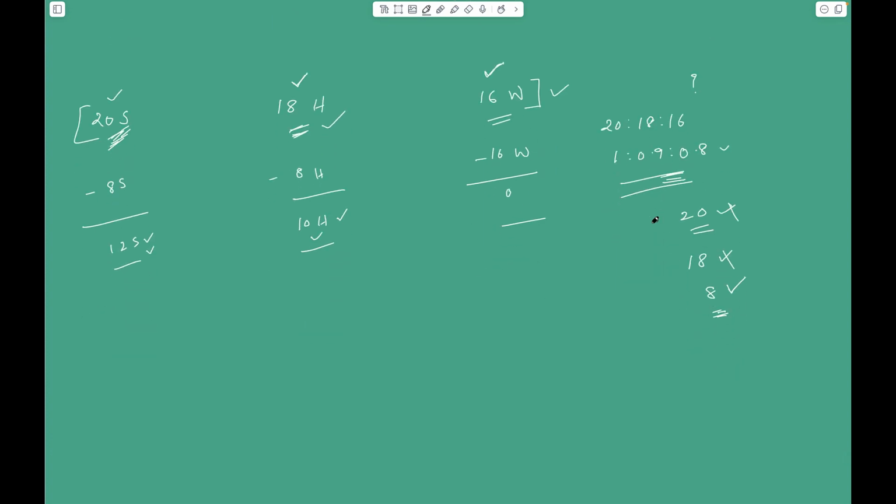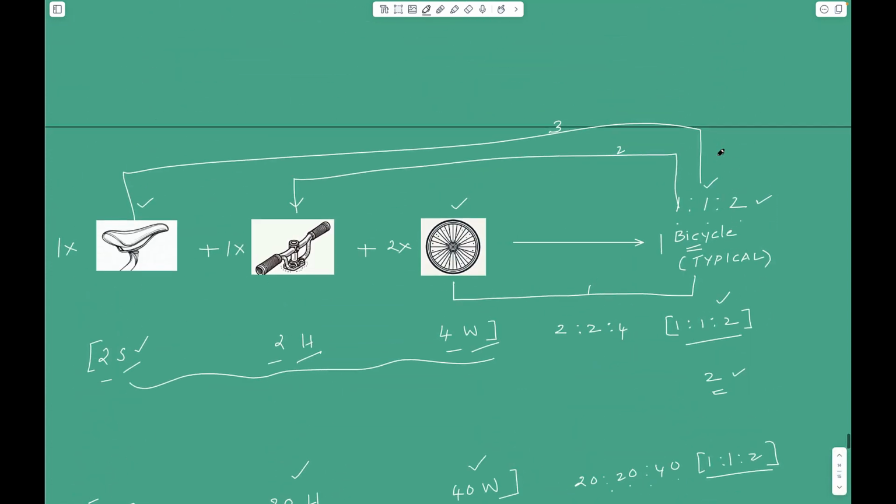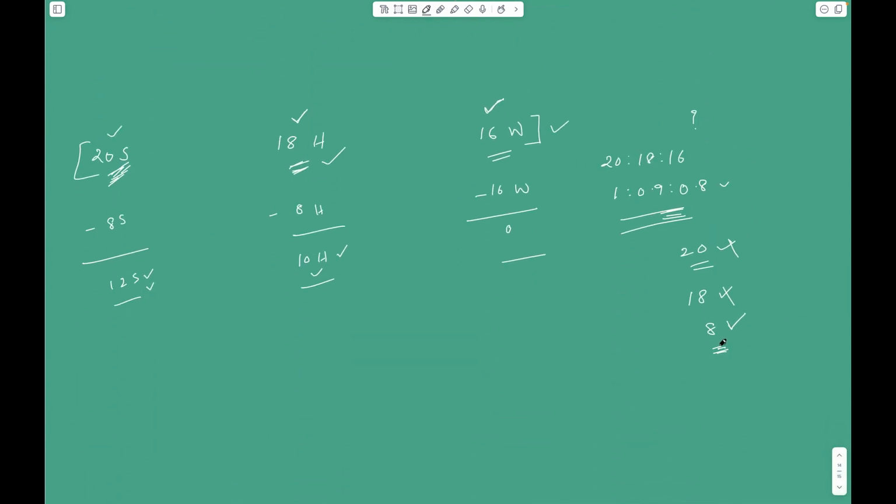In this case, we are able to make only 8 bicycles, though we have 18 handlebars and 20 saddles, because we have only 16 wheels.